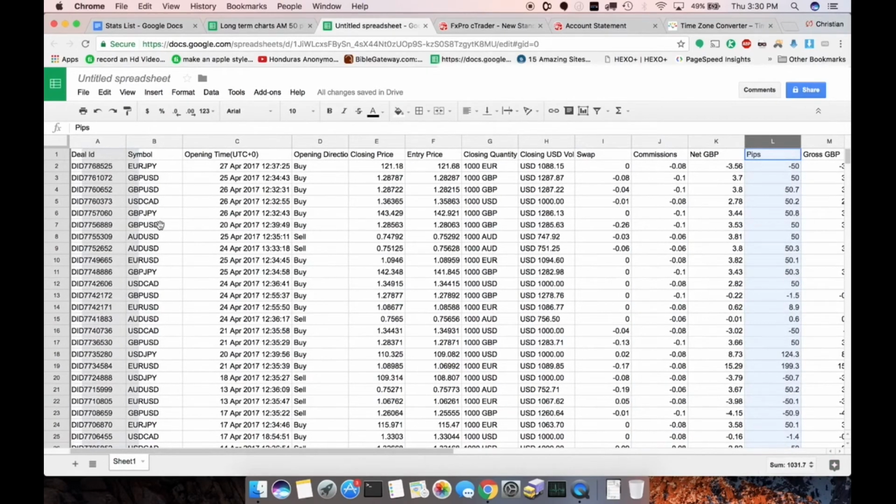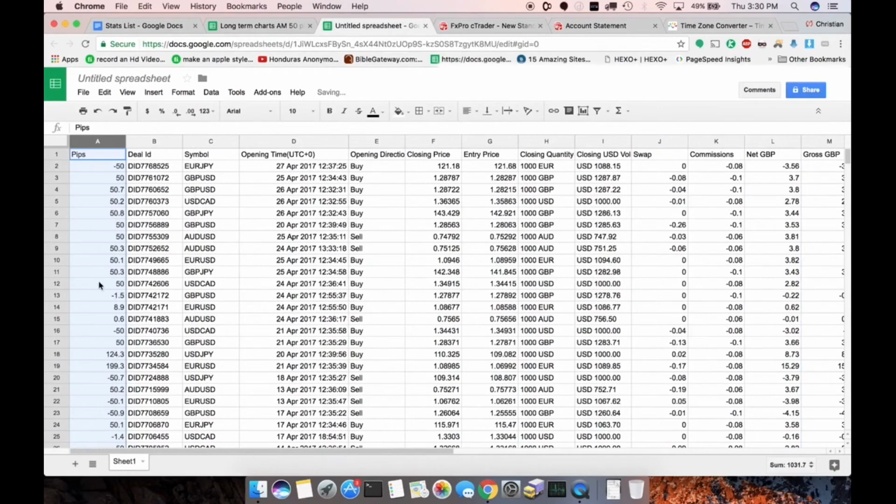I'm also going to delete those which are not 50 pips because I did not mean to take them.